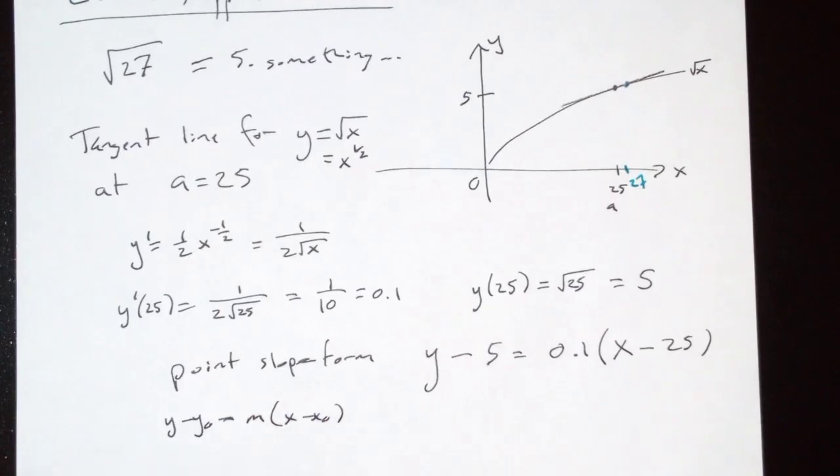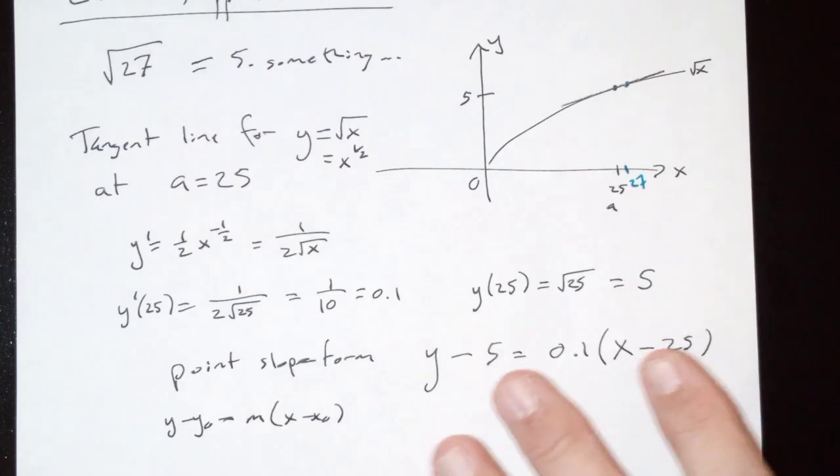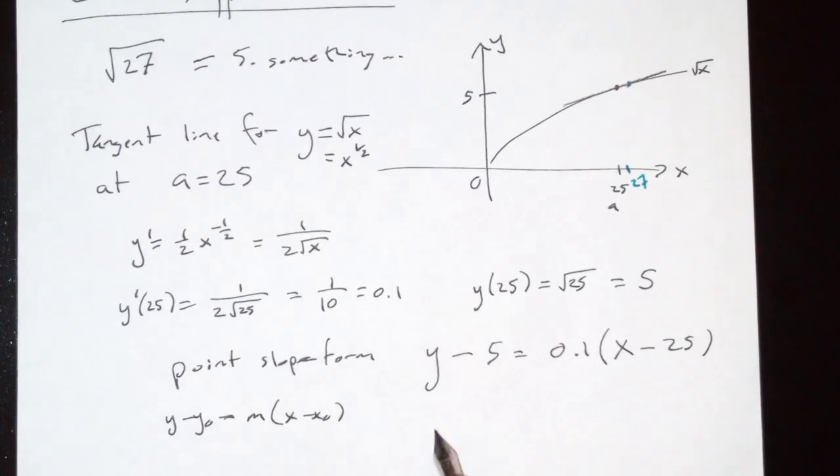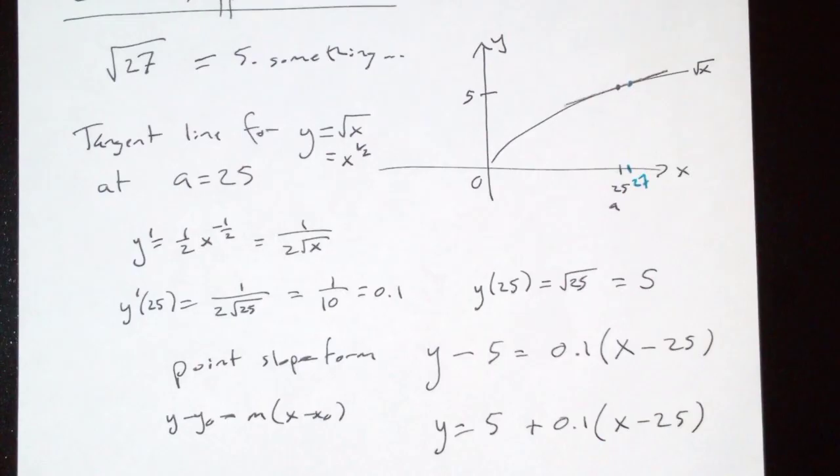I just put in the y and the x from the point we got, 25, 5. I'm not even going to multiply any of this out. All I'm going to do is move the 5 from the left side to the right side. And I have y equals 5 plus 0.1 times x minus 25.